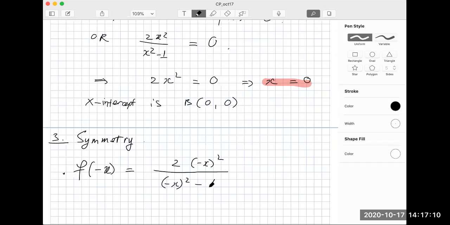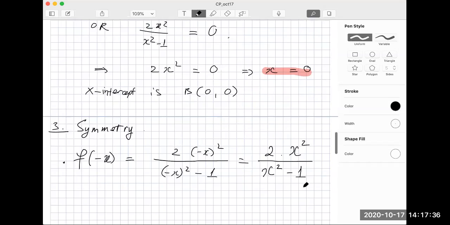Perfect. Is it Faith? Yes. Thank you. So any number raised to the power of 2 will be the same as x squared here, right? And the denominator too, this is exactly the function f of x, right?